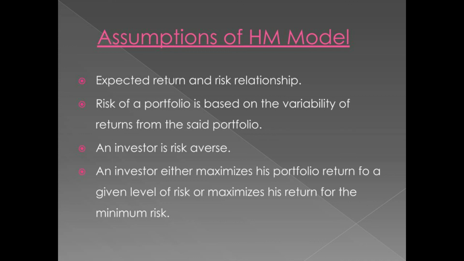Third, investors are risk averse, meaning before making any investment decision all of them have a common goal: avoidance of risk. Fourth, investors either maximize portfolio returns for a given level of risk or maximize return for a minimum risk.